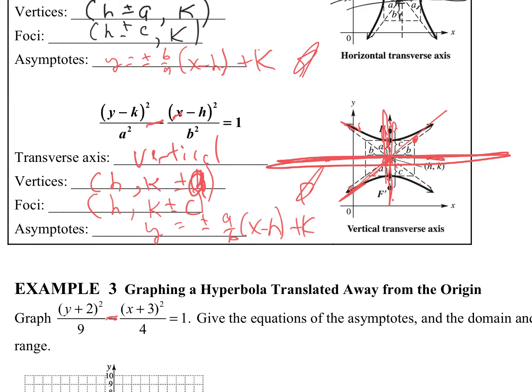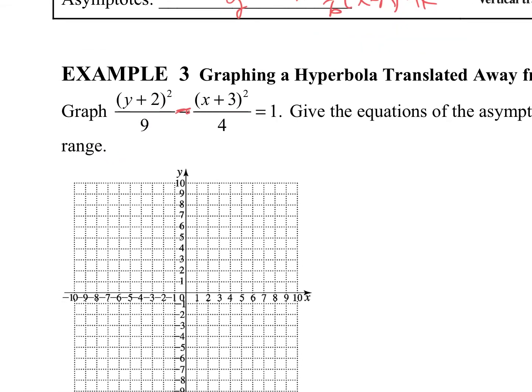That means the hyperbola has to be opening up and down. That's how I try to memorize it. If the x is being negative, then the hyperbola has to be up and down. Pretend that the center is at 0, 0. Then it has to open up and down from 0, 0. So that's what's happening here.